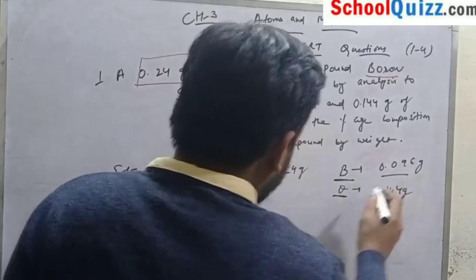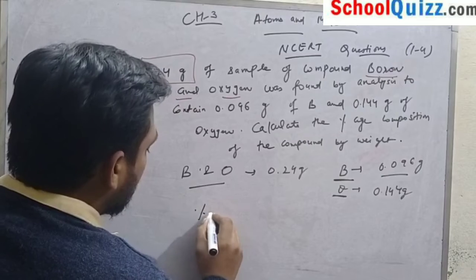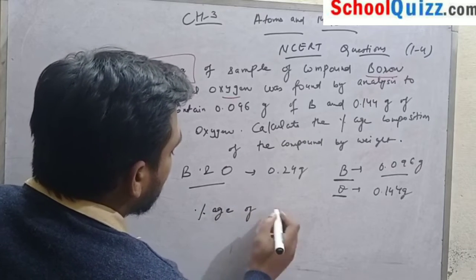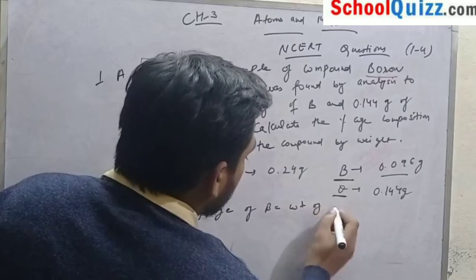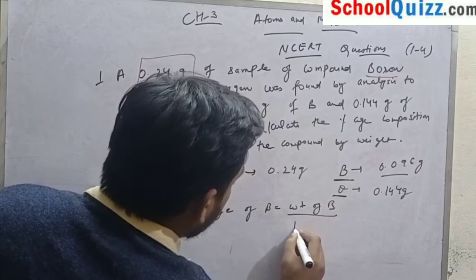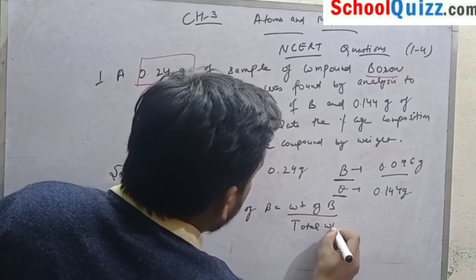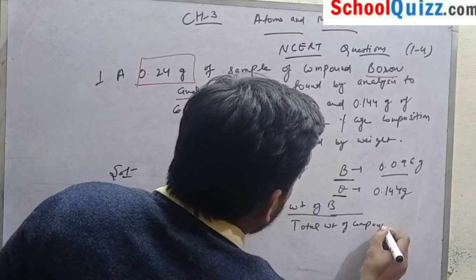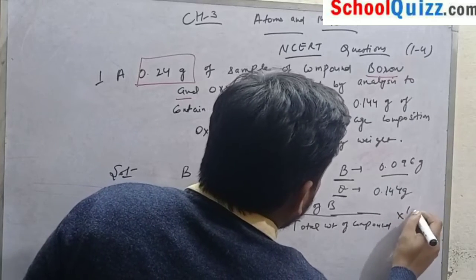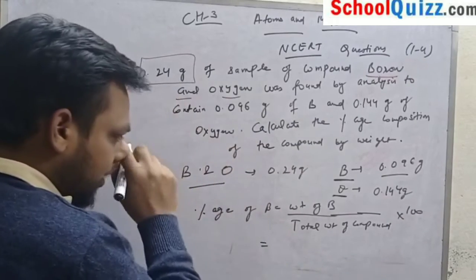So it's a very simple question, guys. As the weight of boron is given, the percentage of boron will be equal to the weight of boron upon the total weight of the compound, multiplied by 100.